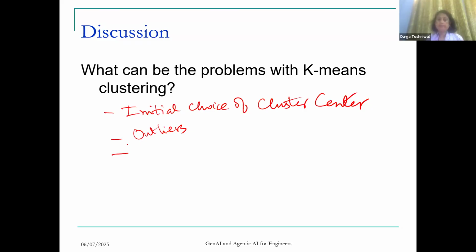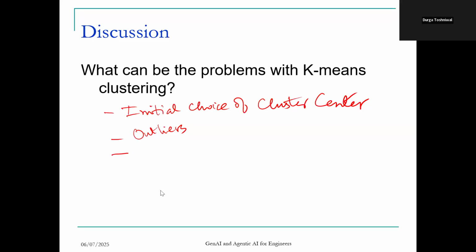The first and the foremost important thing out here is the requirement for the value of k, isn't it? You need to have the correct value of k always with you.